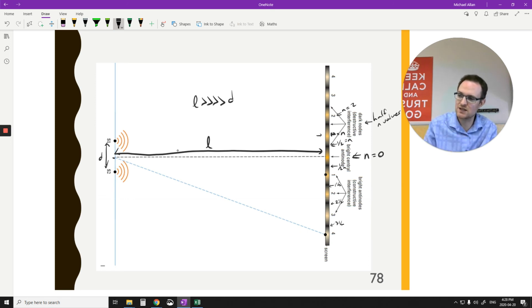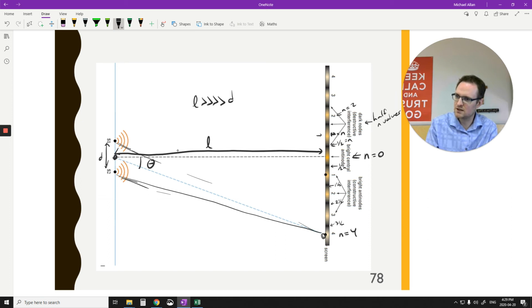The reason behind that is this blue dotted line that's going over to n equals 4. This blue dotted line is from the center between these two slits, and that's measuring this angle here. But that's not really true, because you have to think about these two lines. They're going off in this direction and meeting at this point. So these two lines are technically not parallel to each other, because they will eventually converge to this point over here.